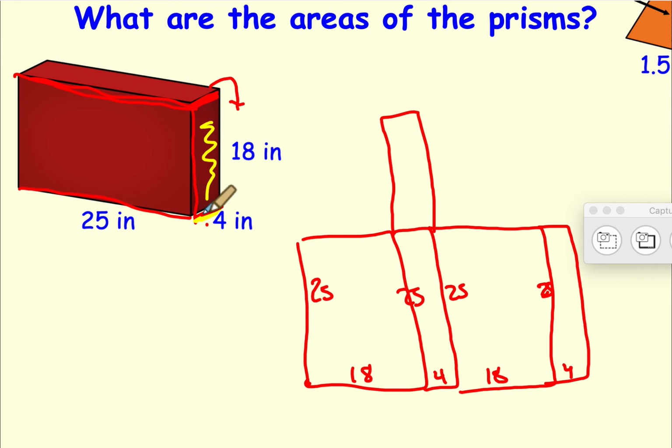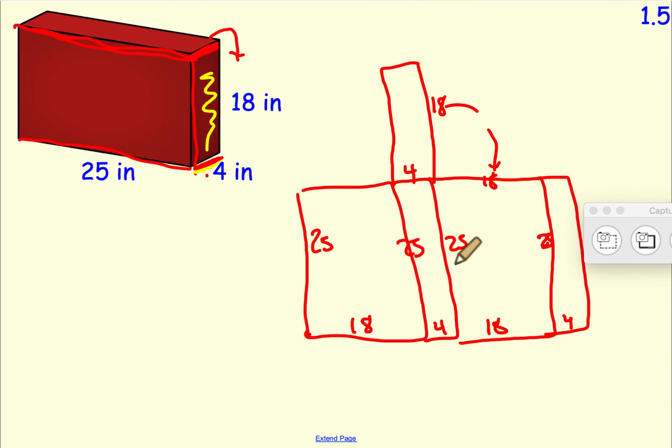It's 4 inches by 18. So 4 by 18. And notice this 18 touches this one, which is 18. And then I would have another one down here, which is 4 by 18.